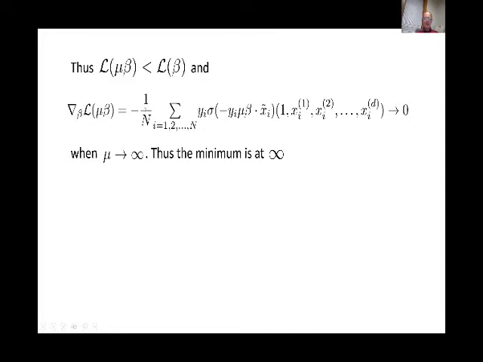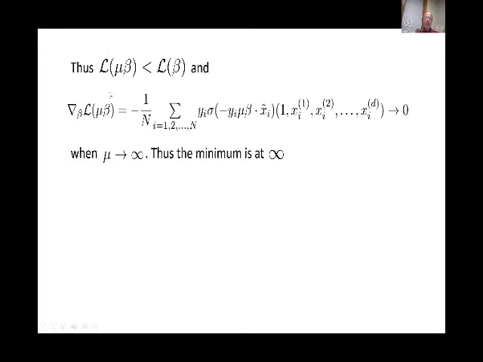You can also see, if you look at the gradient here, that it will go to 0. Again, minus yi mu beta will be negative, and so as this goes to minus infinity, sigma will go to 0. So this gradient will go to 0 at infinity, when mu times beta becomes infinitely big.